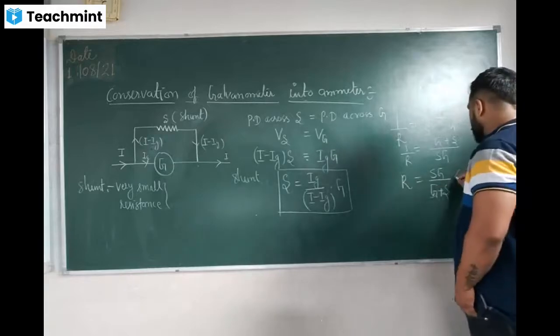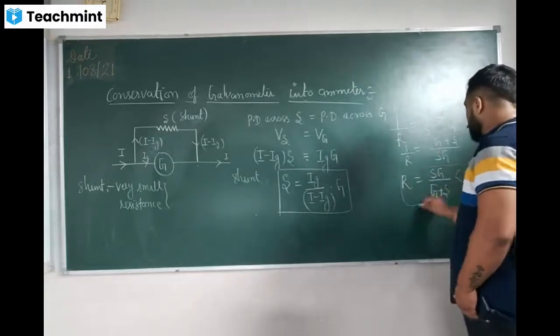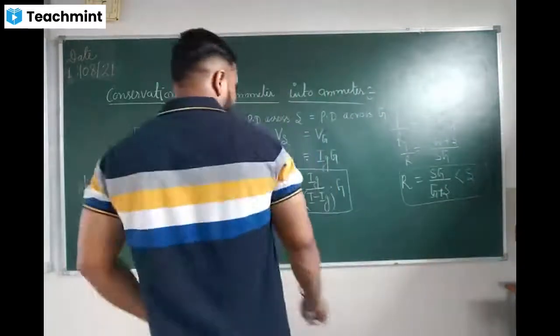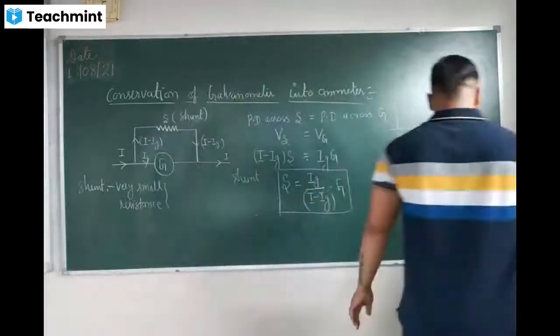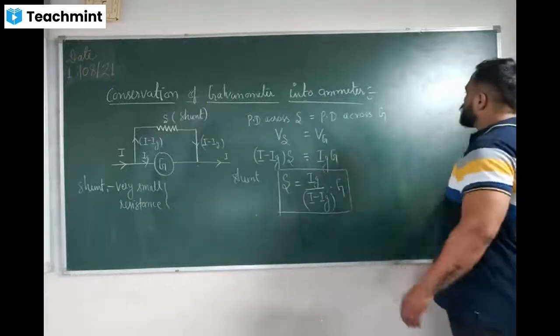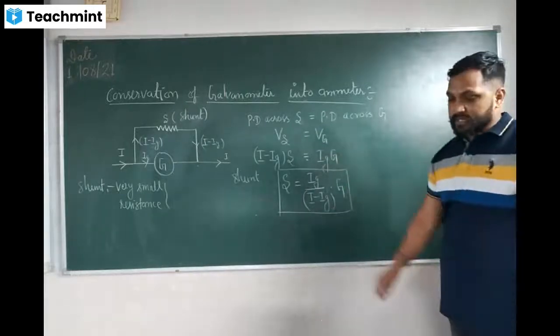Less than, because it is divided by G plus S. This is how you can convert a galvanometer into an ammeter, and this is the value of the shunt.